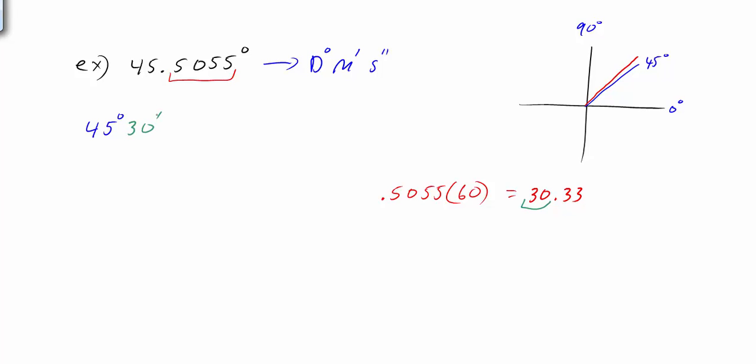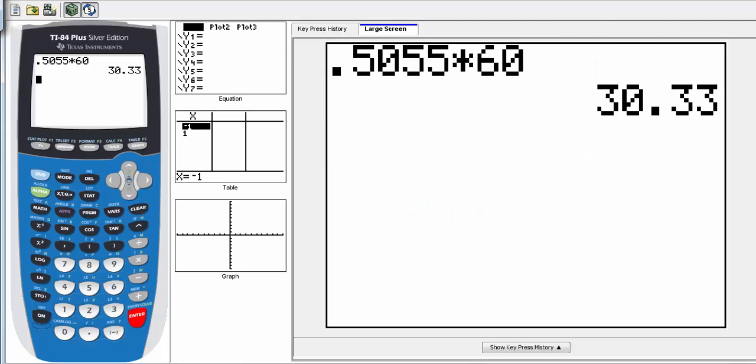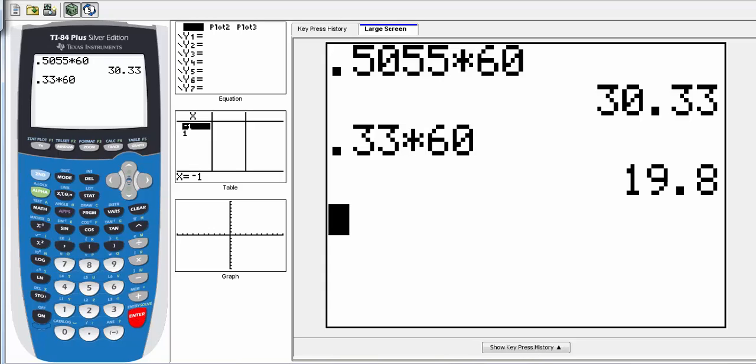And now we want to break the rest of this remaining part, which is the 0.33, into seconds. So we're going to take 0.33 and multiply that by another 60 to change this into seconds. So if we take 0.33 and we multiply by another 60, we get 19.8.